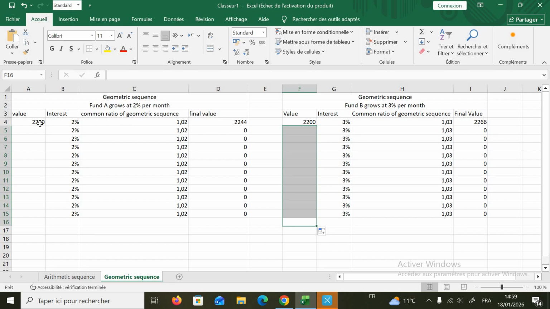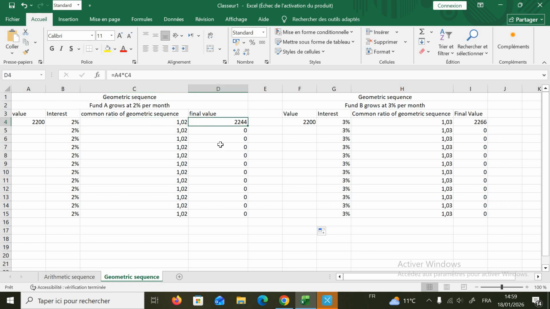The value 2,200 multiplied by 1 plus 2% means 2,200 multiplied by 1 plus 2,200 multiplied by 2%.